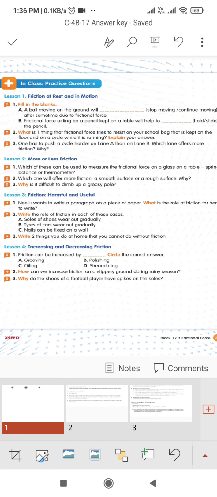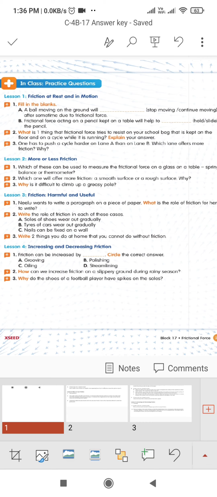It helps to hold the pen in our fingers so that we can write. And due to this friction, the pen will not slide on the paper, which ultimately helps to write things on paper.